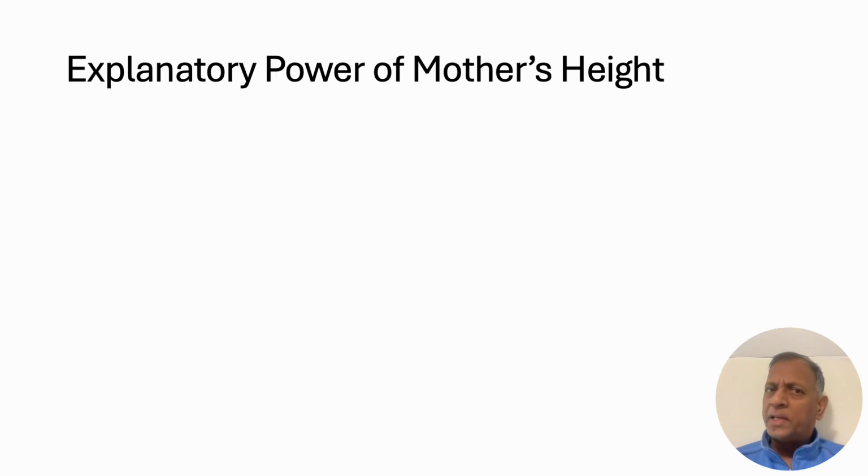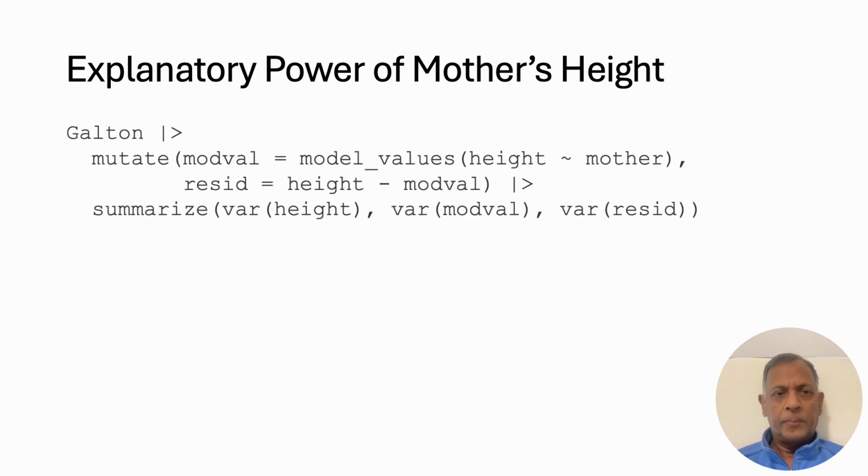Now let's see how much mother's height is able to explain the child's height. It will explain a little bit of the child's height, right? Because we saw that there is a pattern in the data. This time we're going to calculate the model values by using the model values function. Earlier we just computed the average and used that as the model value.